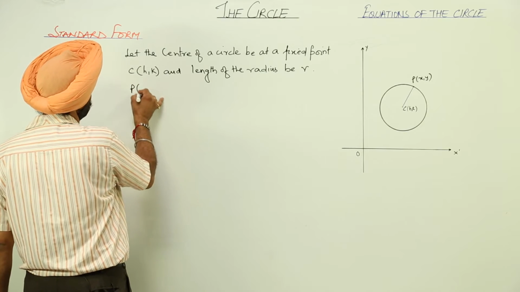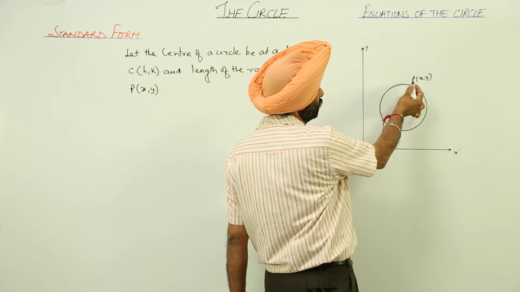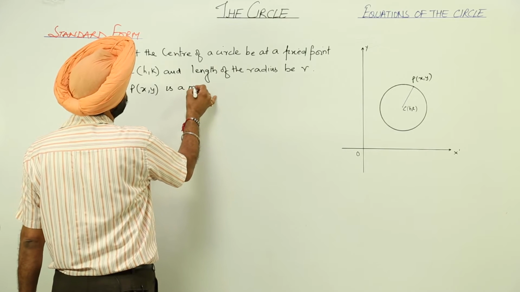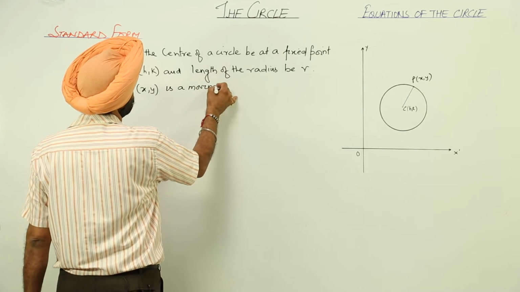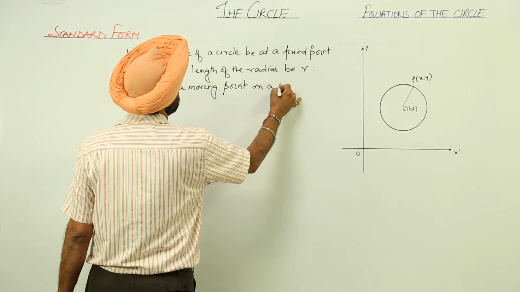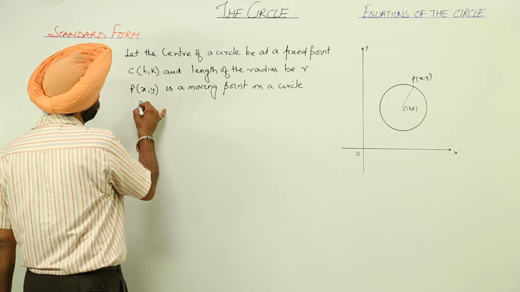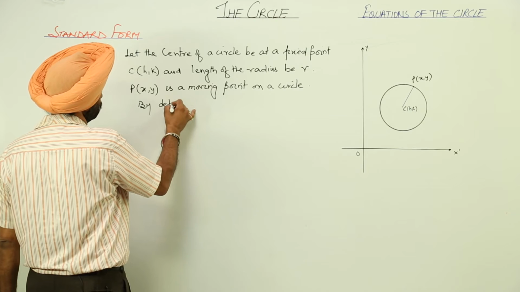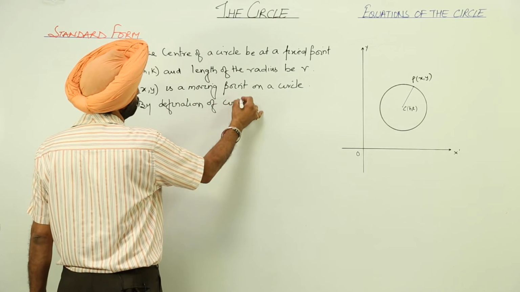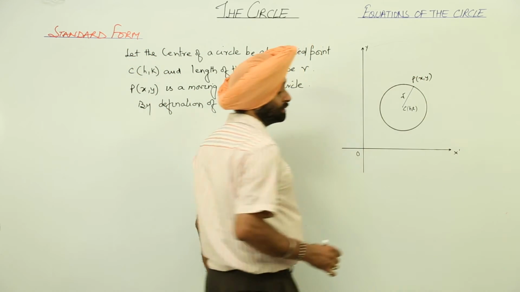Now, a point P x comma y, point P I have mentioned here, point P with the coordinates x comma y, is a moving point on a circle. Now, by definition of circle, this distance is r, okay.